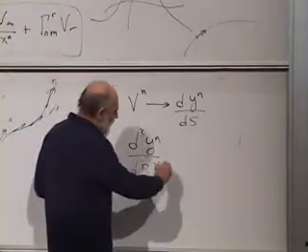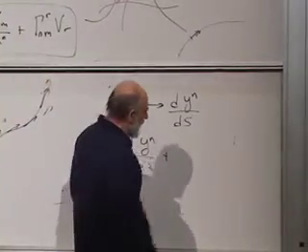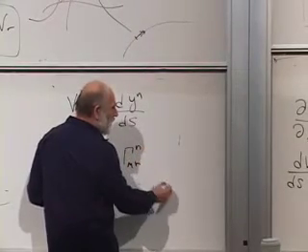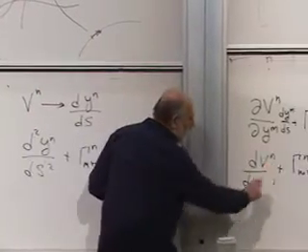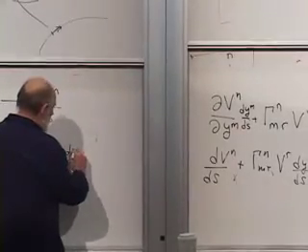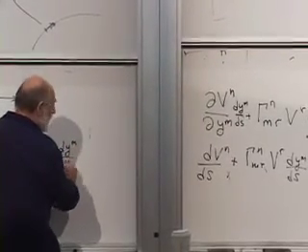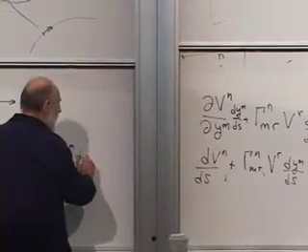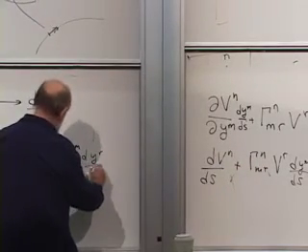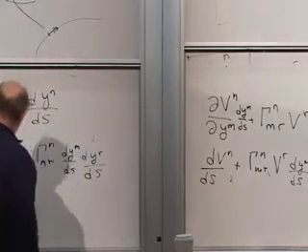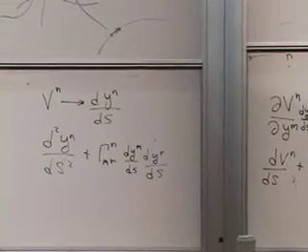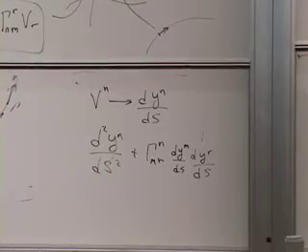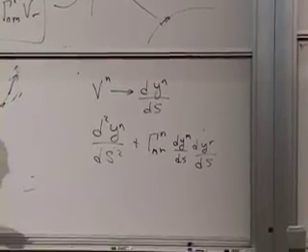And then what's the other term? Gamma^n_{mr}. Let's write down, what is it, dy^m by ds. And then V^r is just dy^r by ds. So the first term is just the second derivative of y with respect to s.